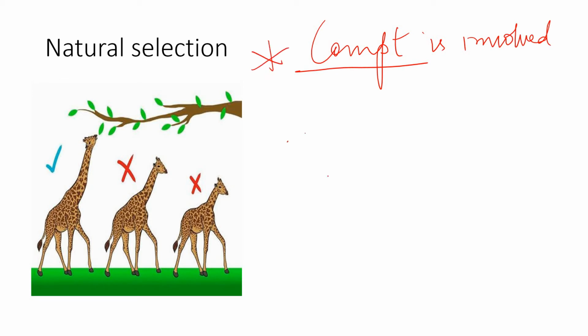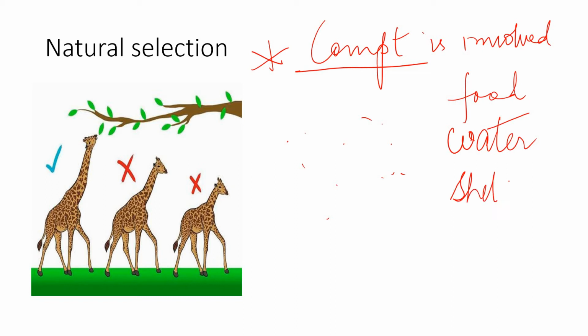There will be many organisms, several organisms, and these organisms will fight for food, fight for water, fight for shelter, fight for land resources, and several other resources. So these animals will have severe competition amongst themselves.